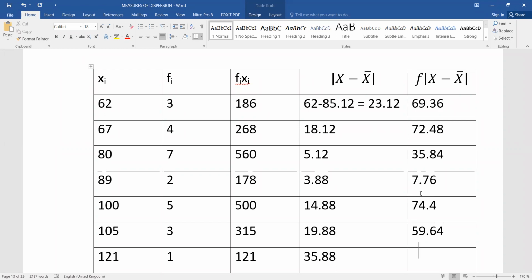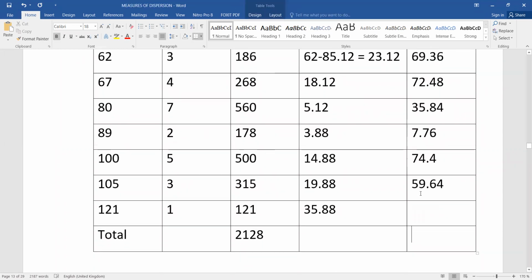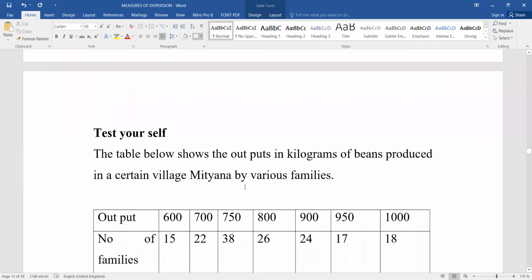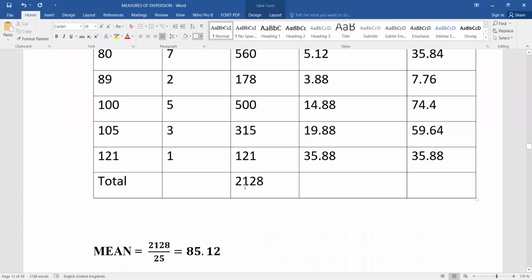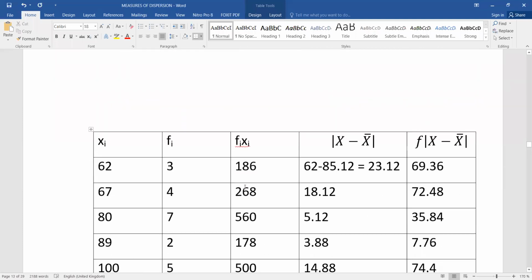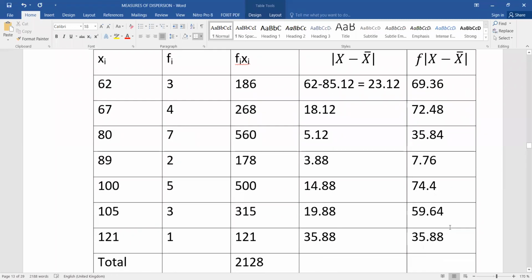59.64. And last value, 35.88. So add up everything in that last column.